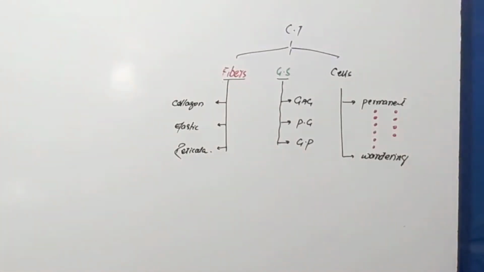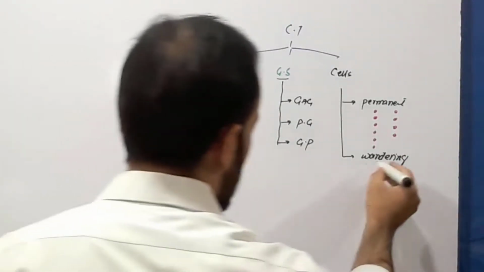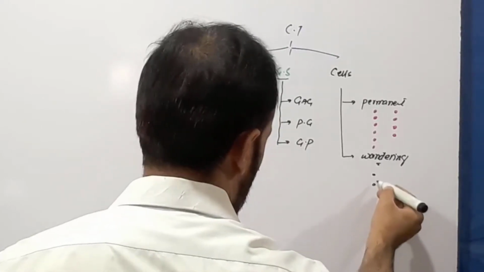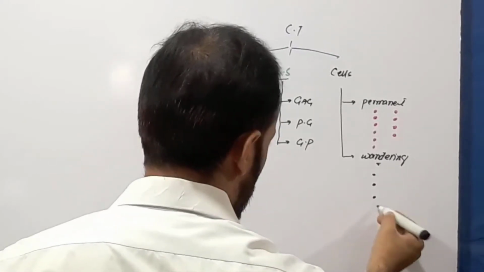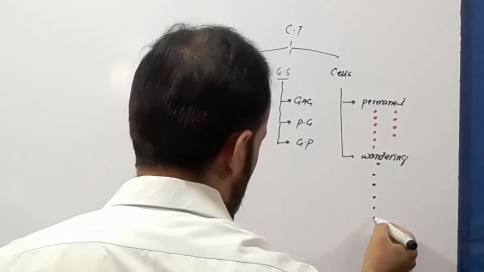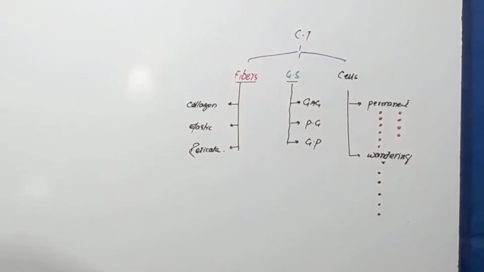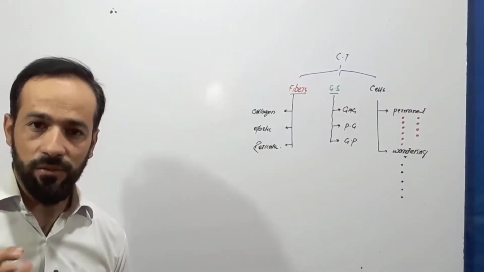We have discussed all of them, right? And the wandering cells, the visiting cells, are macrophages, eosinophils, basophils, monocytes, and lymphocytes. These were the wandering cells or the visiting cells of the connective tissue.